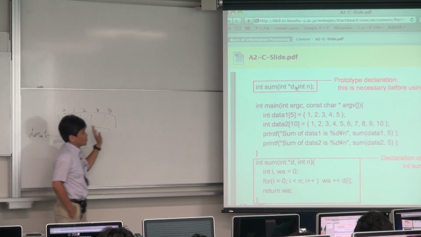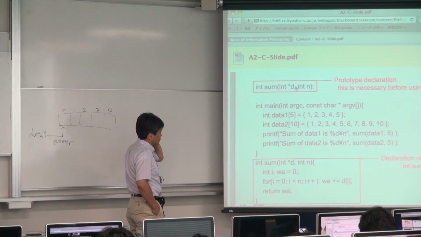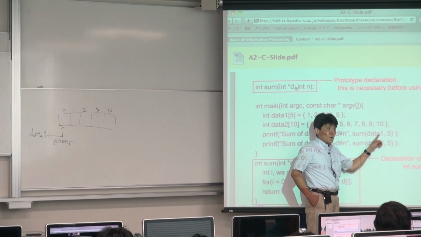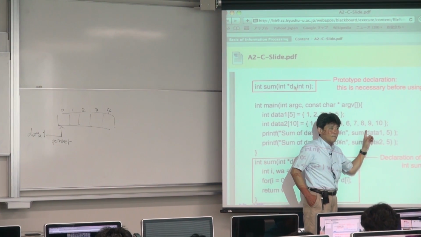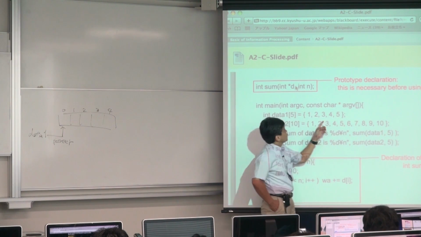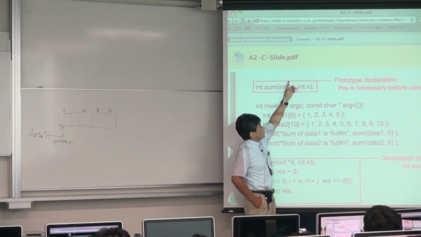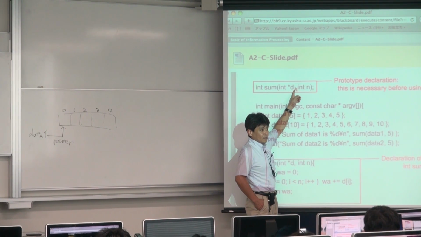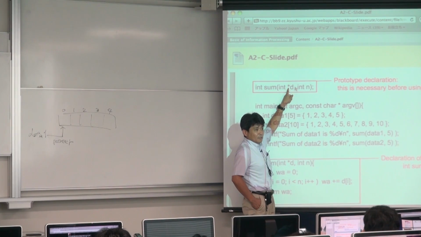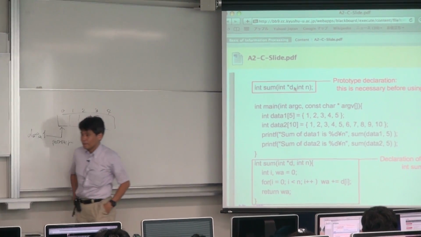Okay, so this argument data one is in fact a pointer. So for the declaration of the new function, the first argument should be a pointer. So you need a star. Okay? Can you understand?